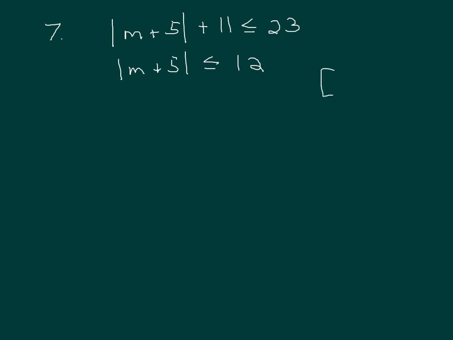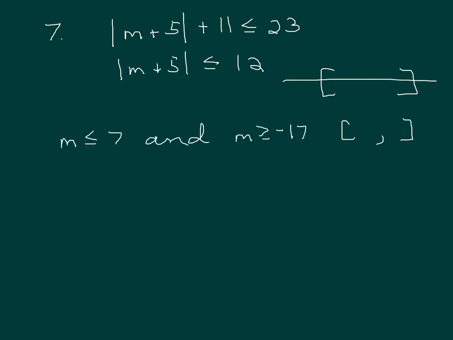That means your interval is going to be contained somehow, and so you're going to write it like this with numbers there. So you simply have to solve for those numbers. So you correctly got to m is less than or equal to 7. You also got to m is greater than or equal to negative 17.